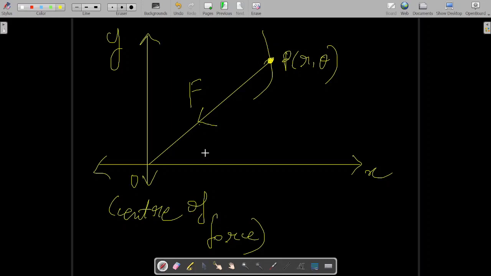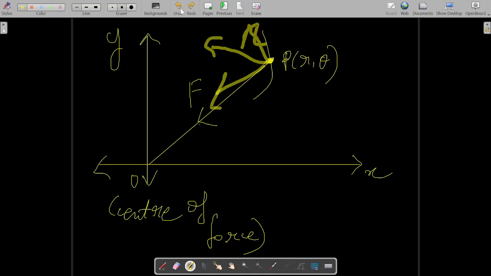So basically a central force is such a force that the force is always directed towards O. Even if we take some other force directed differently, its radial component and its transverse component can be taken, and the transverse component contributes 0. Only the radial component contributes.